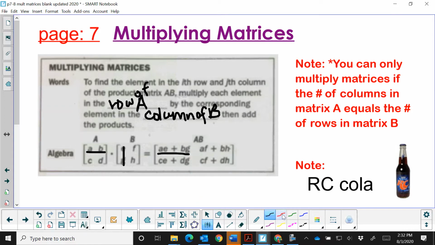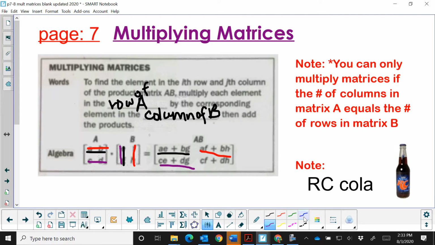Now, how would I find another element? Well, let me switch colors here so you can see it. What if I want this position? Well, I would do the first row of A again times the second column of B. So that's first row, second column. That lands here. And then let's switch colors again. Let's do purple. So the second row of A times the first column of B gives me this position.